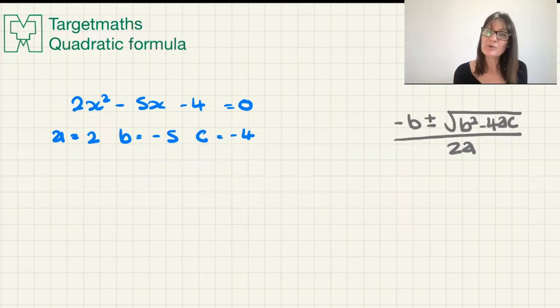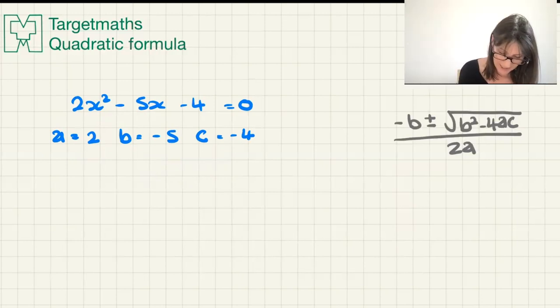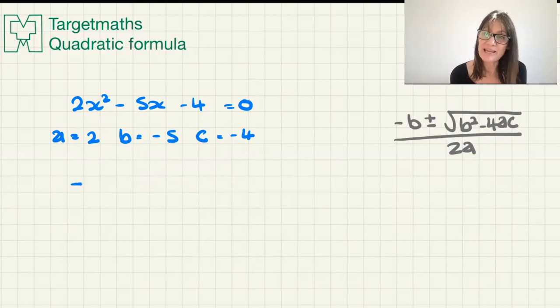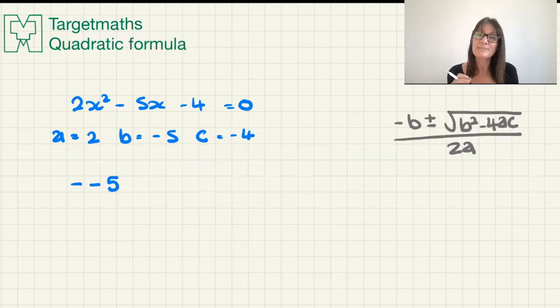Now if I do this step by step, hopefully I won't go wrong. So the first thing I see is a minus. The next thing I see is b. When I look at b, b is -5. So I must write -5. And that there is where I see more errors than anywhere else.